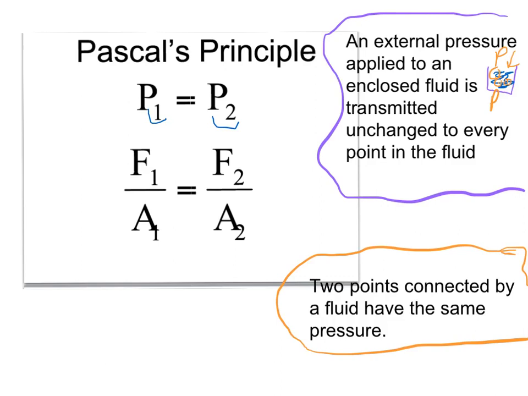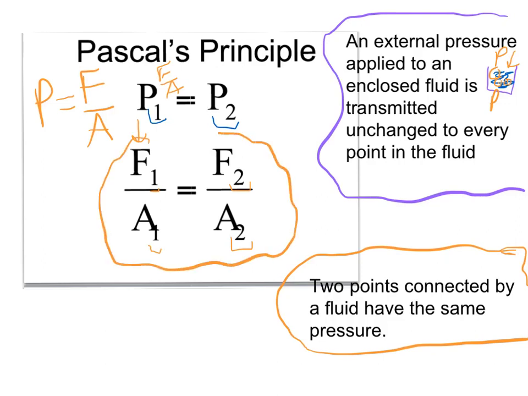Now, we're going to talk more about uses for this on the next slide, but we can take the fact that pressure is force over area and rewrite both sides of this equation as the force at one place divided by the area at one place equals the force at the second place divided by the area at the second place. So it's just writing each of these P's as an F over A. This here is the more useful form of Pascal's principle, and you'll see on the next slide why.